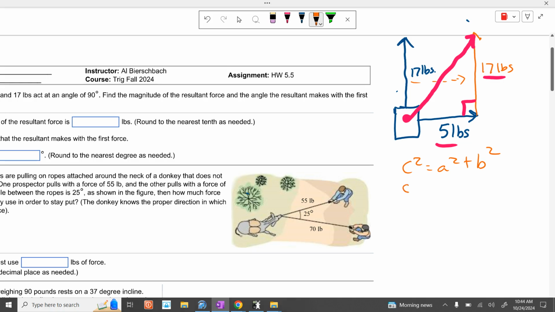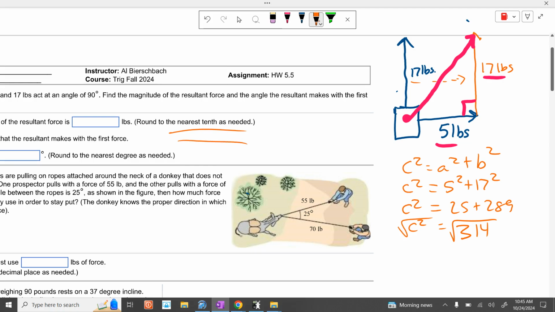So, C squared equals 5 squared plus 17 squared. C squared equals 25 plus 289. C squared equals 314. So you take the square root of 314 and you round it to the nearest tenth.